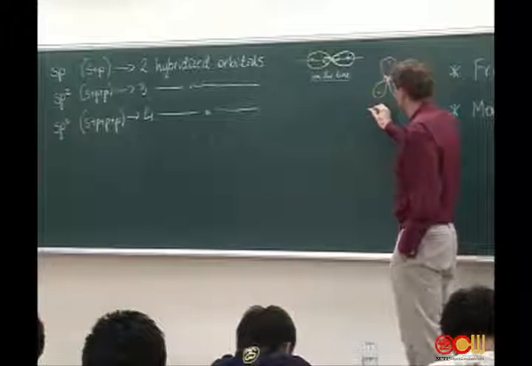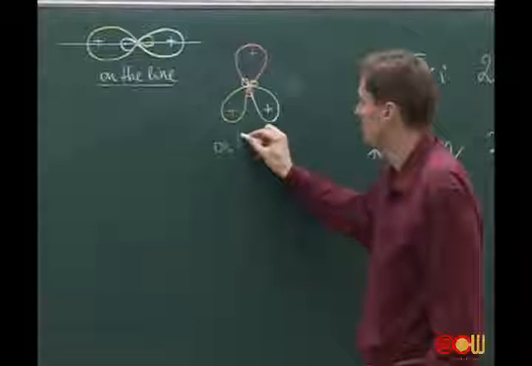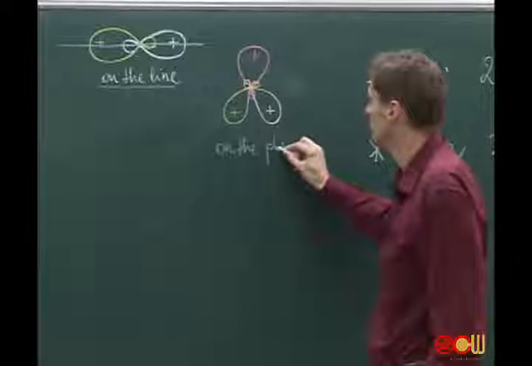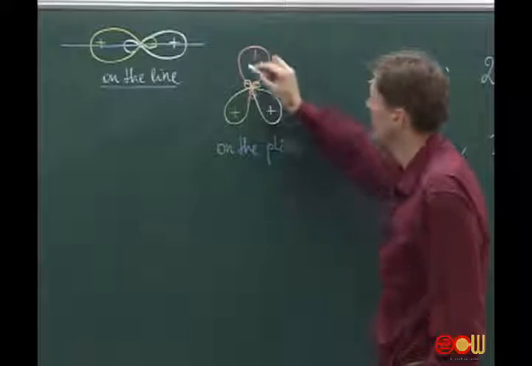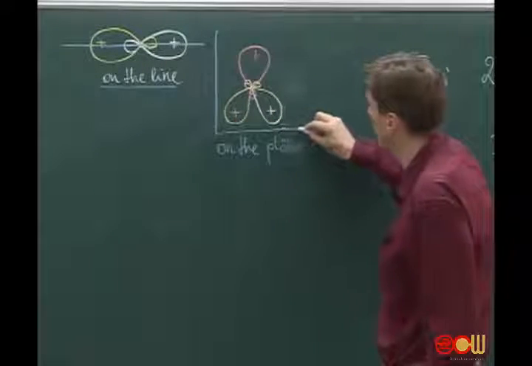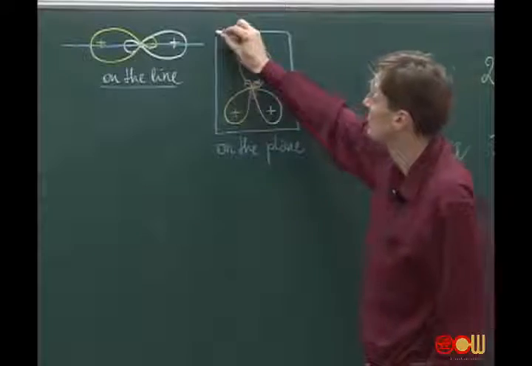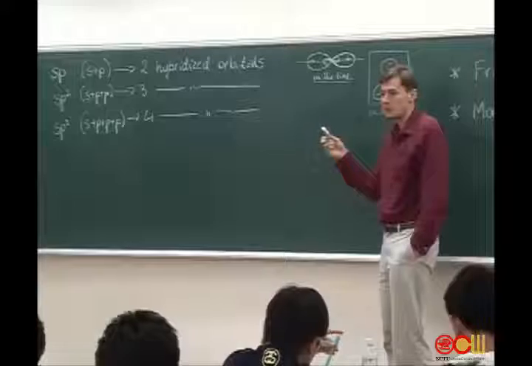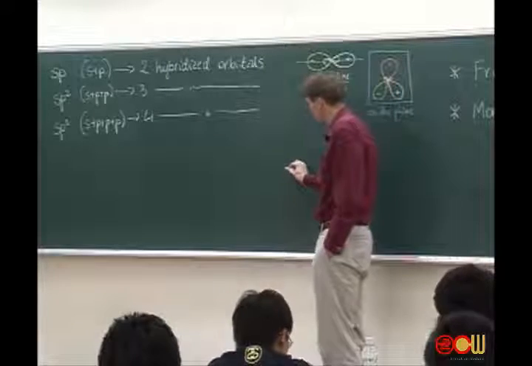Here the arrangement is on the plane, and the plane of course is this plane. In the case of four orbitals, the arrangement is in space.